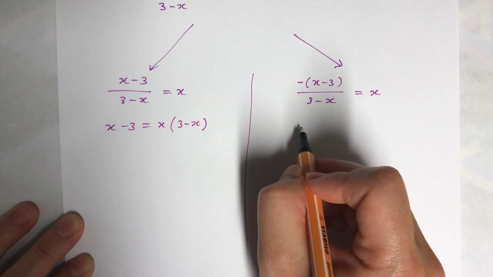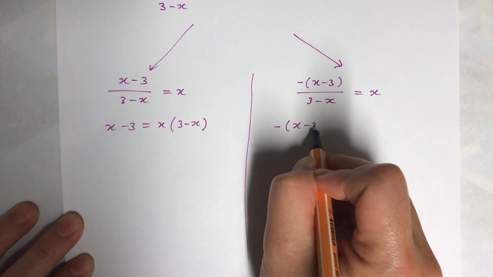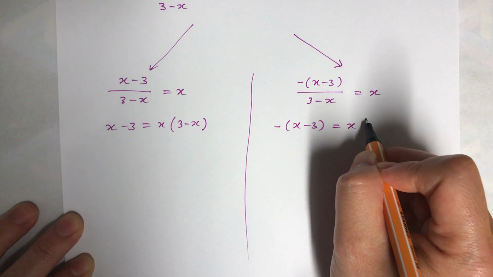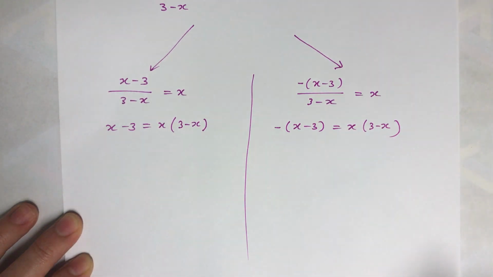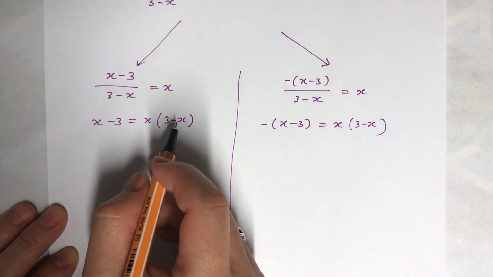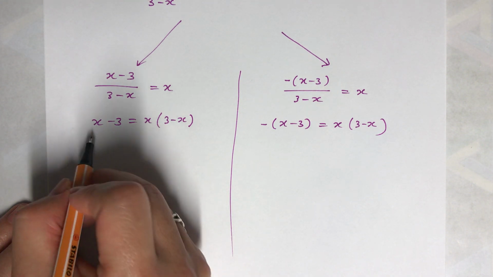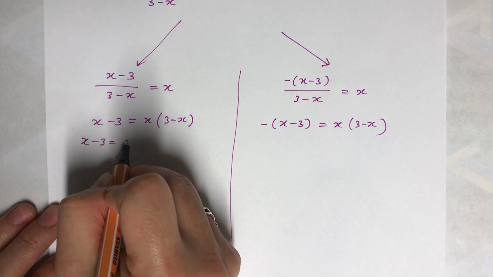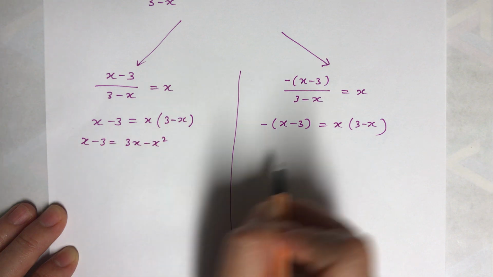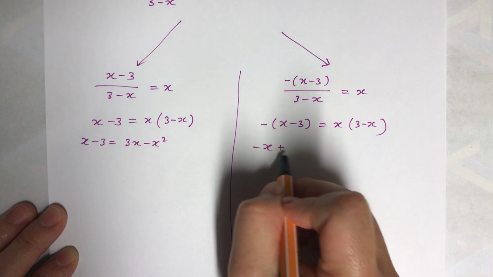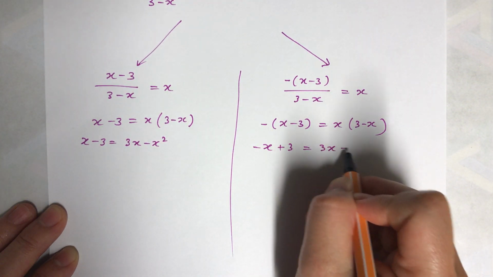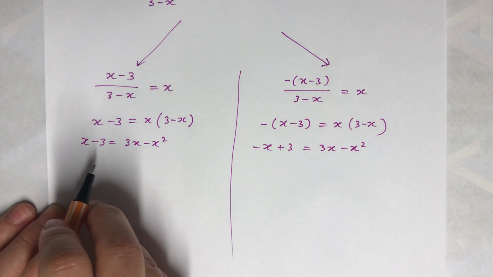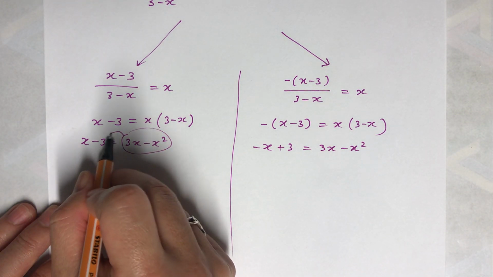Let's see if I can do this together at the same time. Okay, so that's what I got, and I'm going to expand this one. I'm going to expand this one, and I'm going to move this one to here.